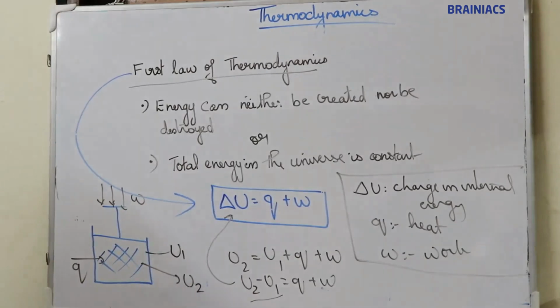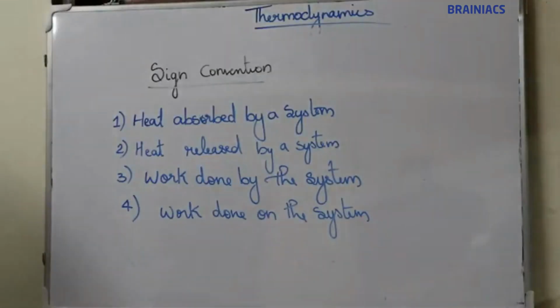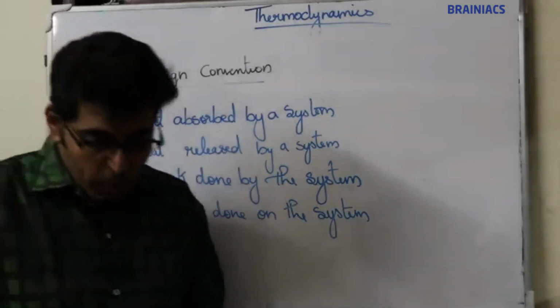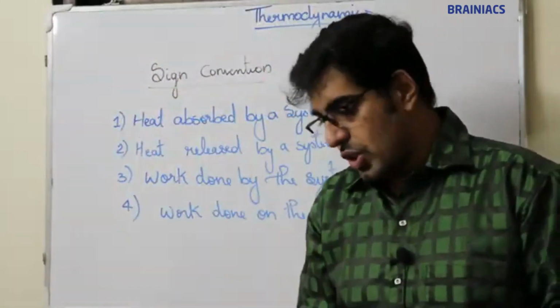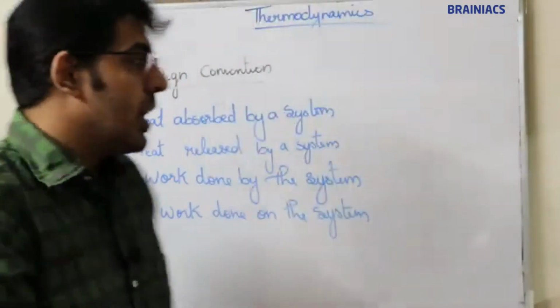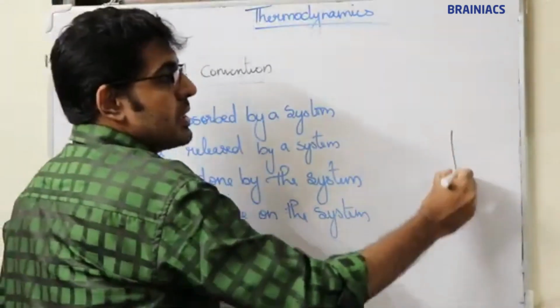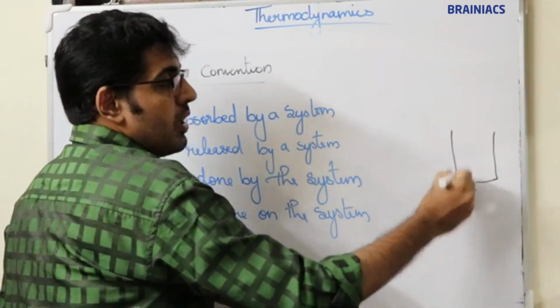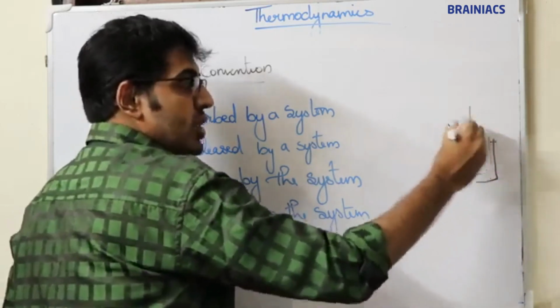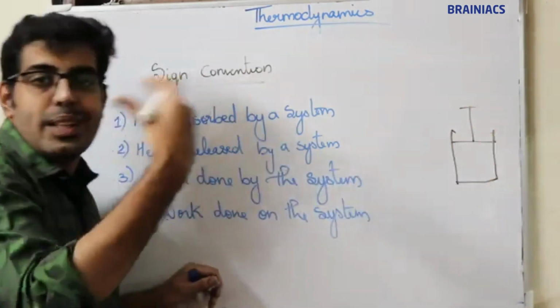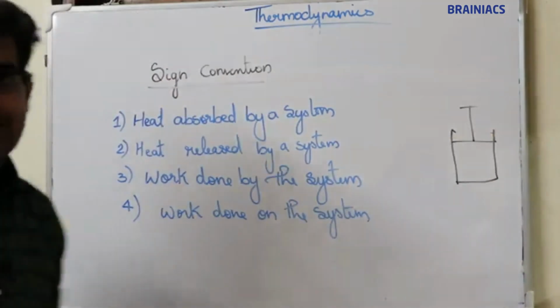Okay, so moving on to the next topic, sign convention. Now what do we mean by sign convention? Sign convention means if a system is absorbing or releasing energy, those energies are represented by different signs.